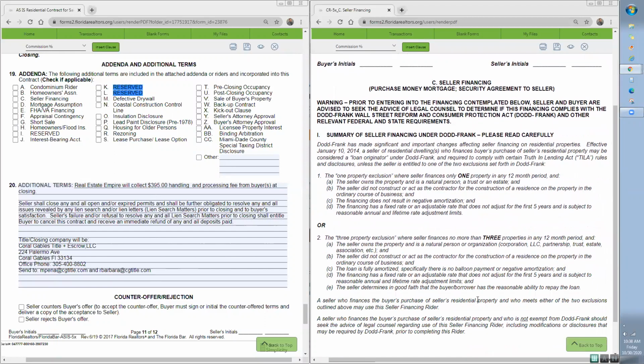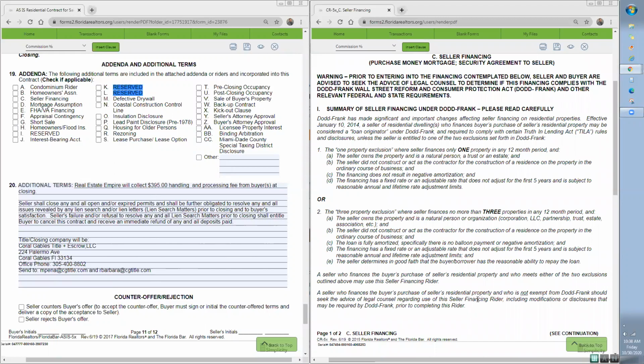It can be sent with the offer if it's been negotiated prior, or it can be sent in order for it to be negotiated with the offer. So it doesn't necessarily need to be what the owner is saying they want. This document can be the offer that the buyer is willing to give the seller.